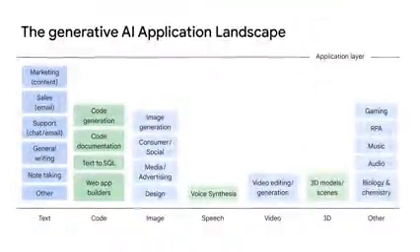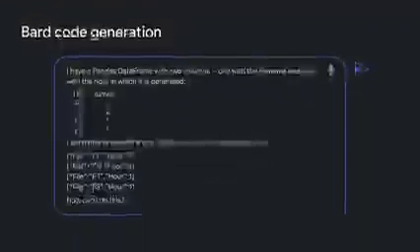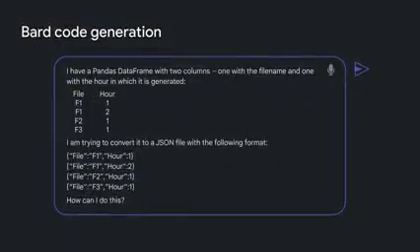Shown here are GenAI applications. Let's look at an example of code generation shown in the second block under code at the top. In this example, I've input a code file conversion problem, converting from Python to JSON. I use BARD and I insert into the prompt box the following.